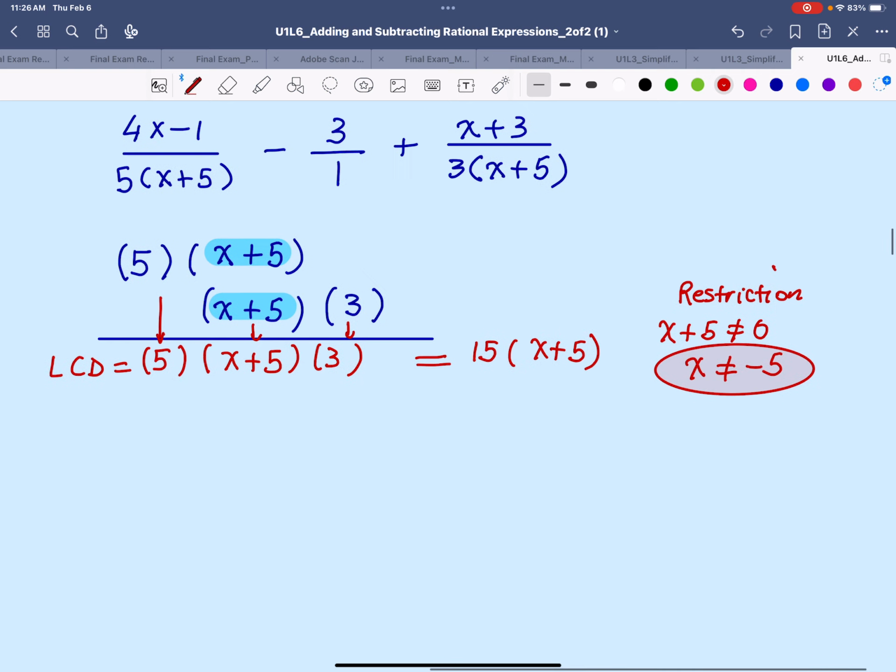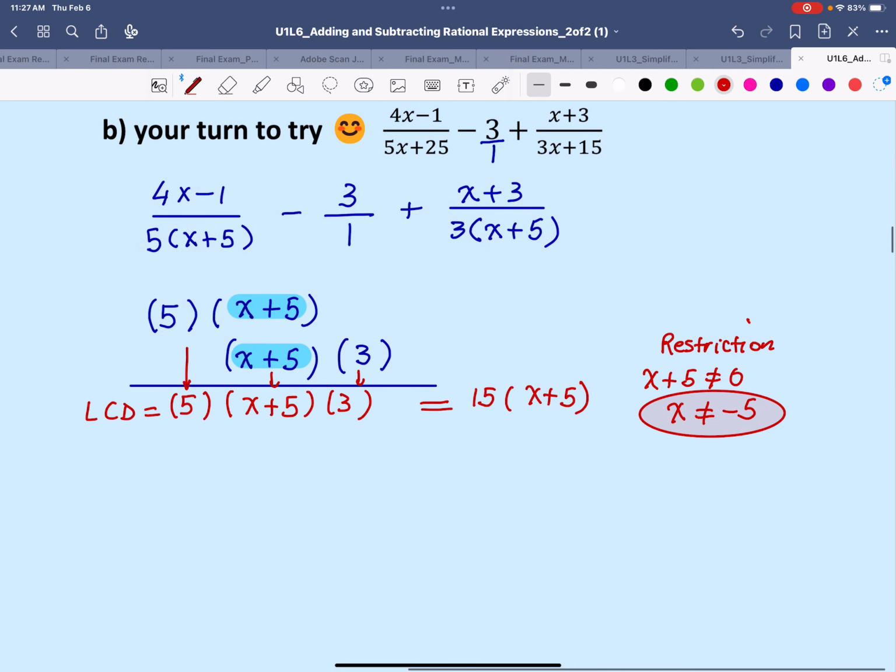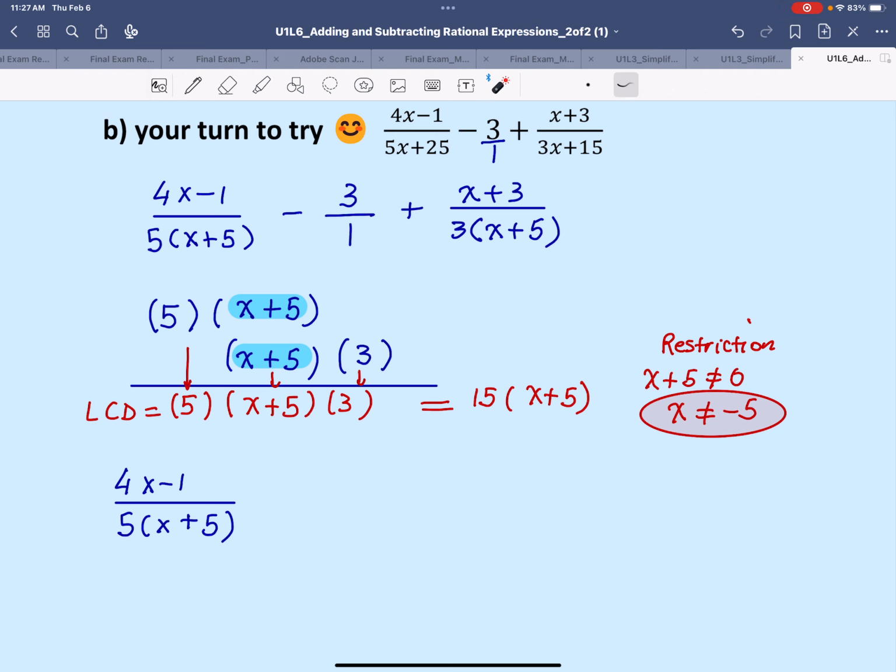And now we're going to start making all the denominators the same. That is because we want to combine these rational expressions, and we cannot combine them unless the denominators are the same. So I'm going to write the first rational term. The denominator is 5x plus 5, which means that to make it 15, I need to multiply it by 3. To multiply the denominator by 3 means I have to do the same to the numerator.